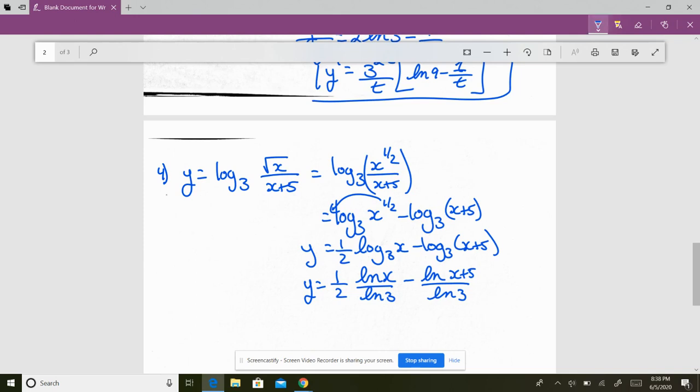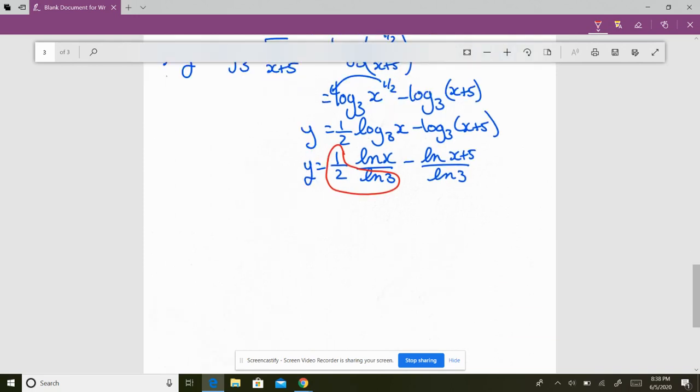But what you need to remember is that all of that is a constant. Those are numbers. Who cares? So really, I'm just deriving natural log of x, which is just 1 over x. So y prime becomes 1 over 2 natural log of 3 times x minus, remember, there's a 1 there, pretend.